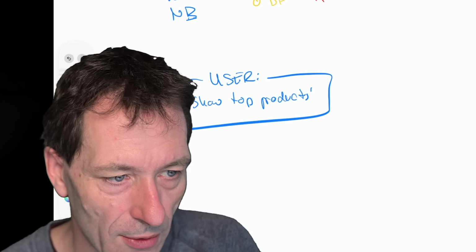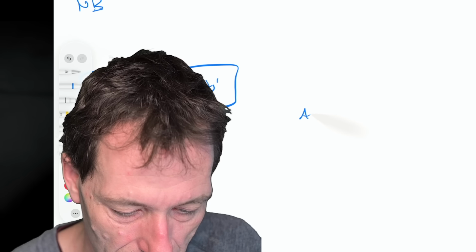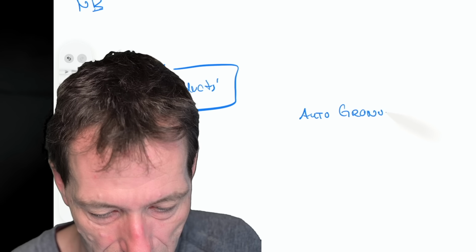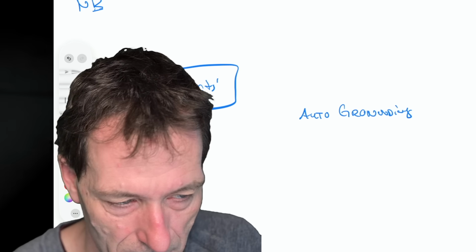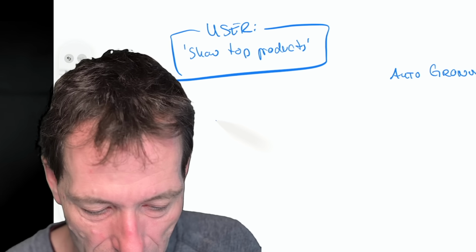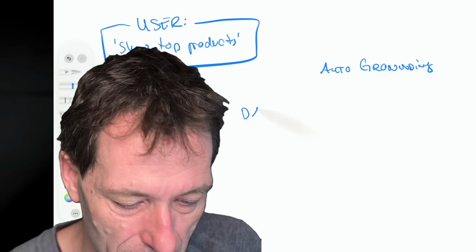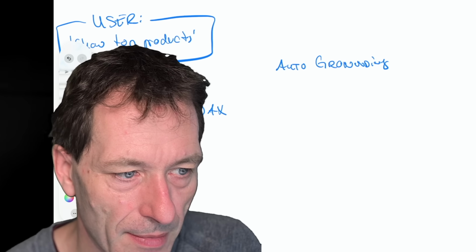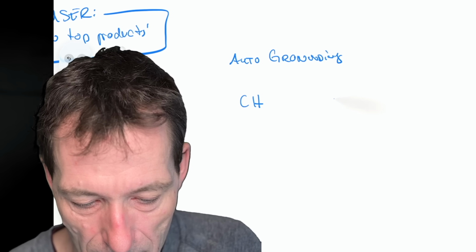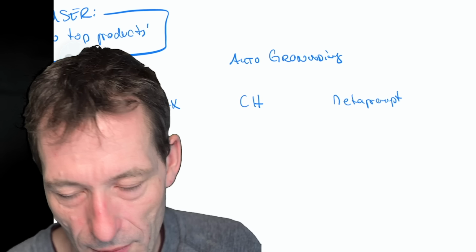So first of all, there is a thing called auto grounding, which means Copilot can select essentially your schema, the DAX measures, the chat history, and the meta prompt defined by Microsoft.